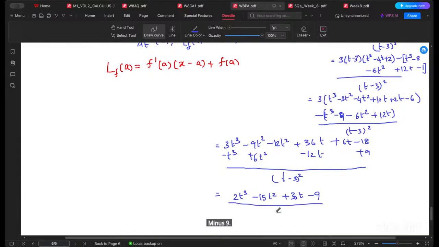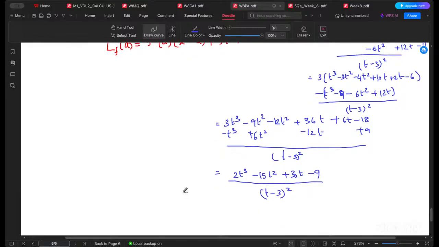Is that correct? How many of you got this expression? So this is f dash of t. So if this is f dash of t, what is f dash of 1? 2 minus 15 plus 30 minus 9 by 4. 2 square 4, right?